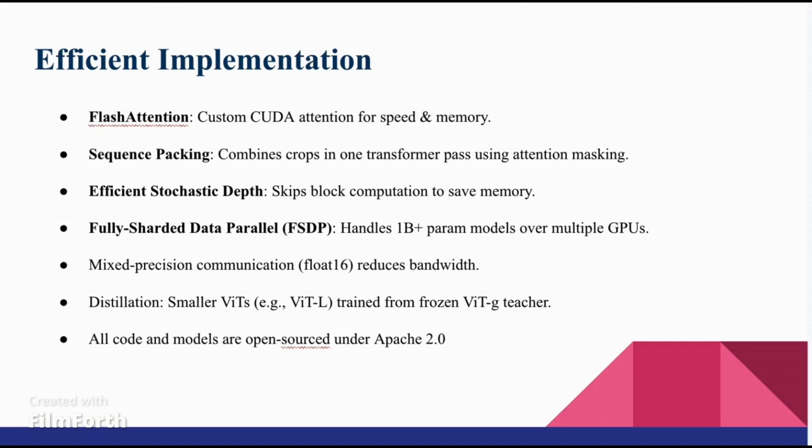Instead, they distill knowledge from the ViT-g teacher. The training loop remains mostly the same, but the teacher is frozen and the student mimics its outputs. Interestingly, even the distilled ViT-L outperforms the same model trained from scratch across 12 benchmarks. All the code and models are released under Apache 2.0, making these improvements directly usable in other vision applications.